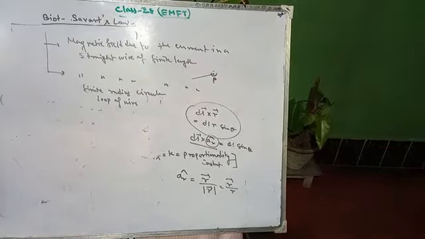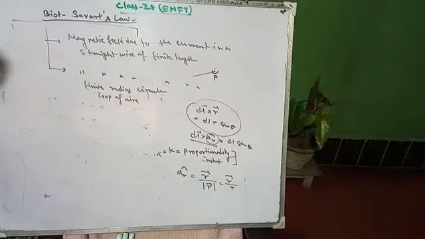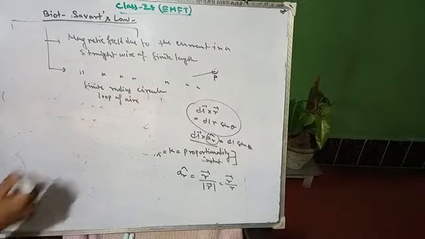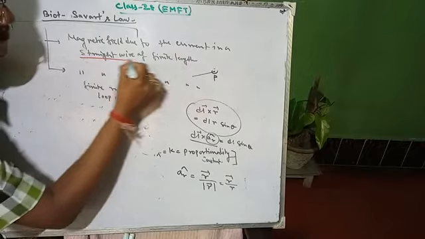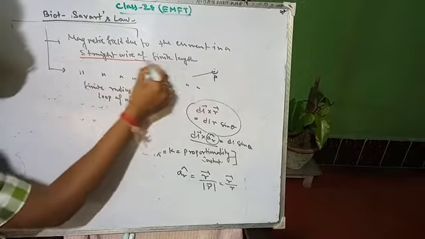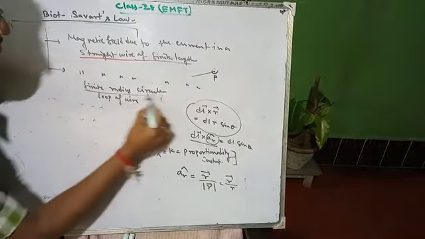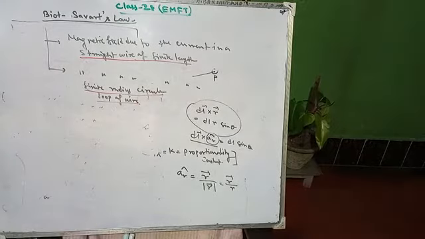So there are two applications: current in a straight wire of finite length, and a finite radius circular loop of wire.